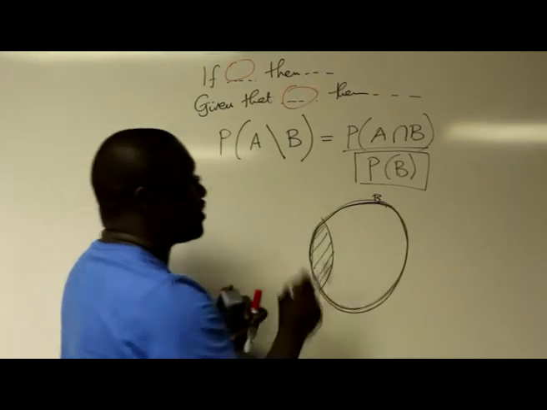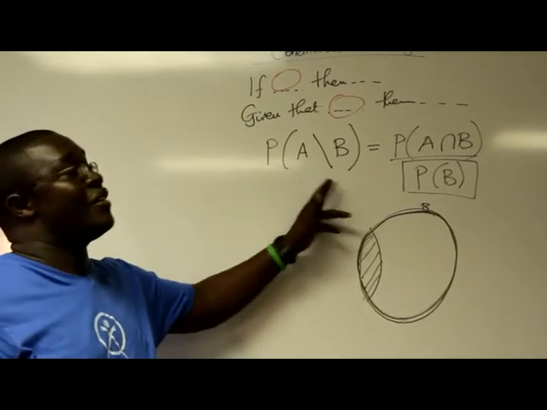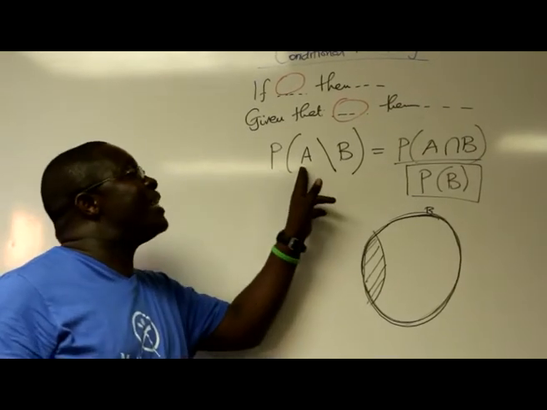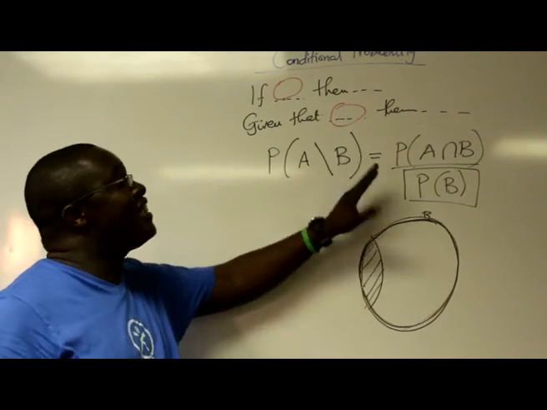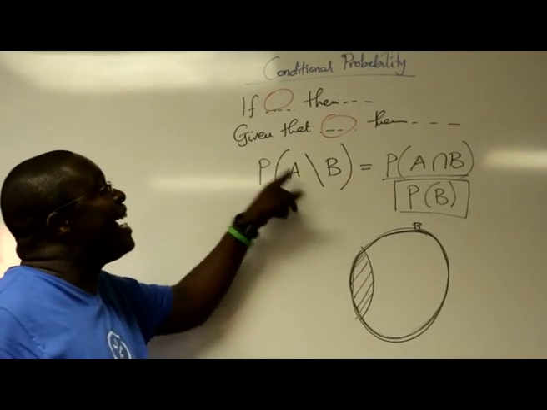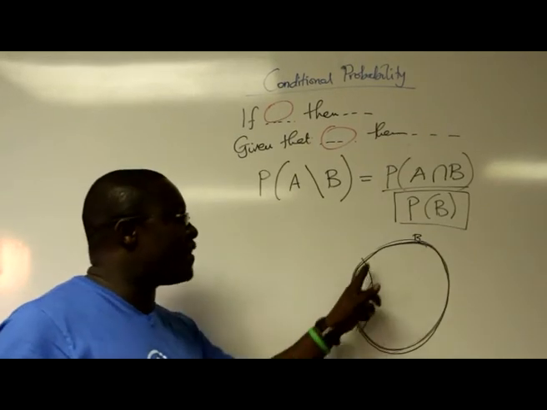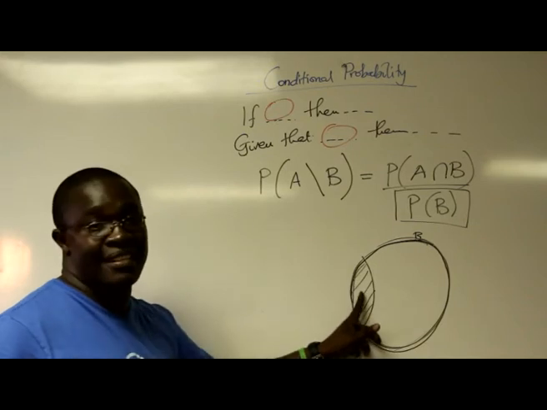So when you're asking this question, you're saying, what is the probability that A will occur given B has occurred? Anything that is outside B is being discarded, and now you're asking how many A's are within that sample space of B, and it's here in the intersection.